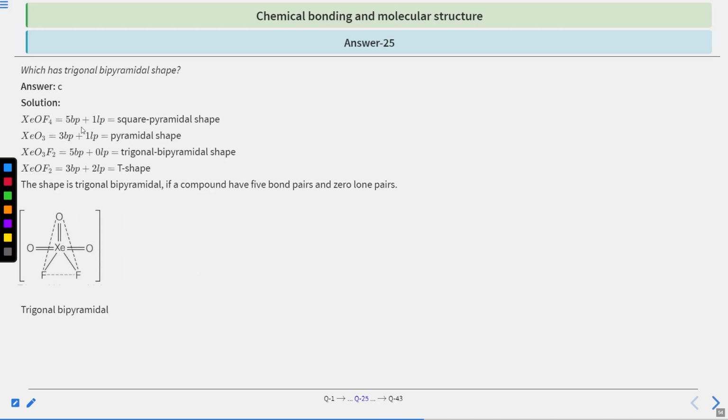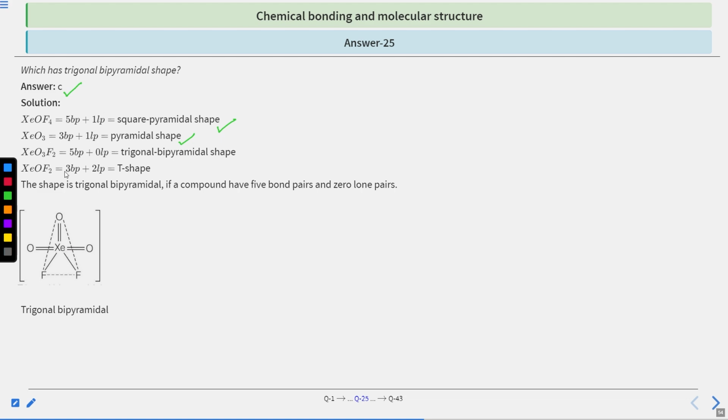Okay, so the correct answer will be option C. In XeOF4, 5 bond pairs and 1 lone pair are present, so the square pyramidal shape will be the shape of the molecule. In XeO3, 3 bond pairs plus 1 lone pair will be present, so the shape will be pyramidal. In XeO3F2, 5 bond pairs and 0 lone pairs will be present, so trigonal bipyramidal will be the shape.